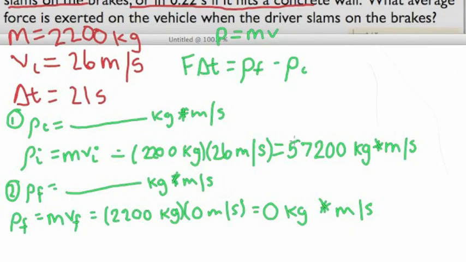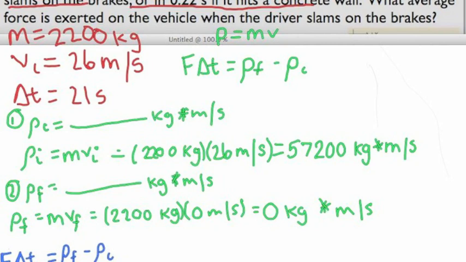Actually, I guess we've got a little bit of space right here, so we'll see if we can fit it. So we're going to use our impulse momentum theorem. Okay, I'm going to use a different color for you guys. So we'll have our force is equal to our change in momentum, which is our final minus our initial.